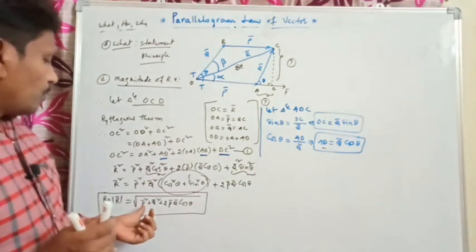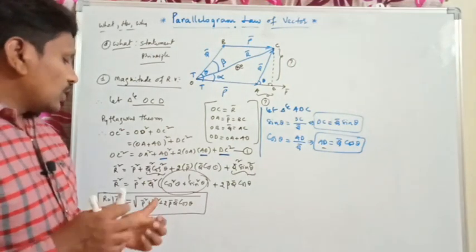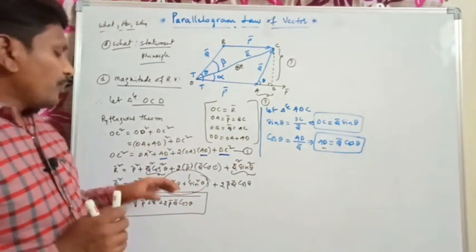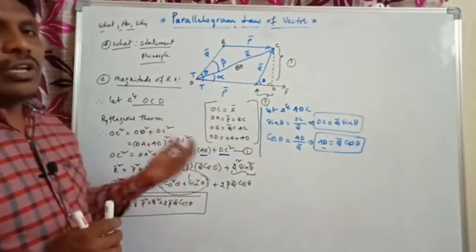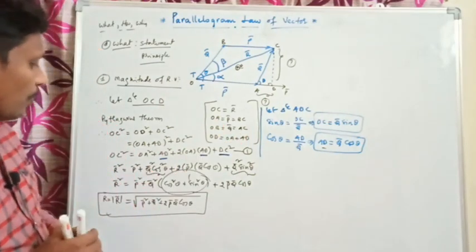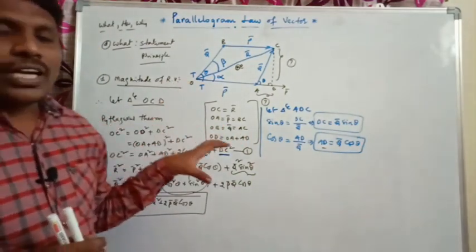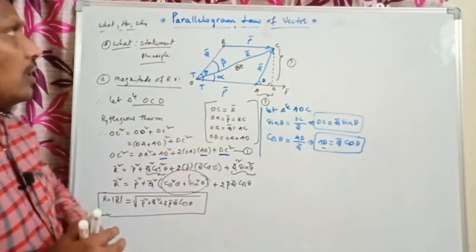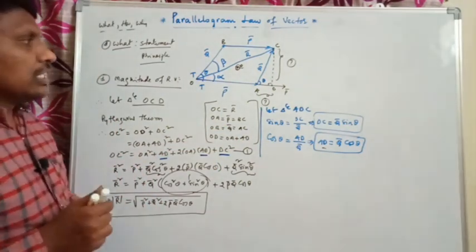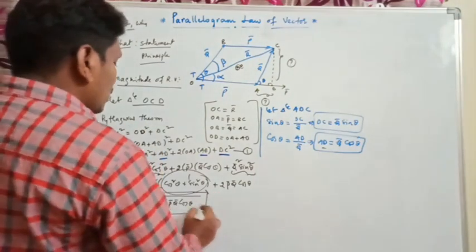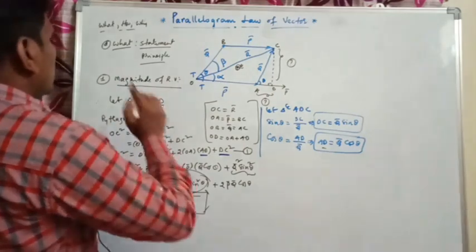Under root P square plus Q square plus 2PQ cos theta. This is a very important formula. Based on this, we are going to solve many problems which will appear in the exams. This is also a very important concept or question for the board exams, not only for MHT-CET, NEET, JEE Mains. This is the expression for the magnitude of the resultant vector.